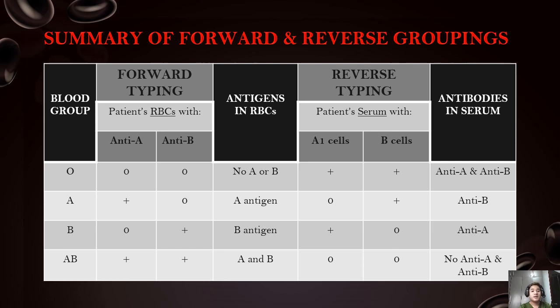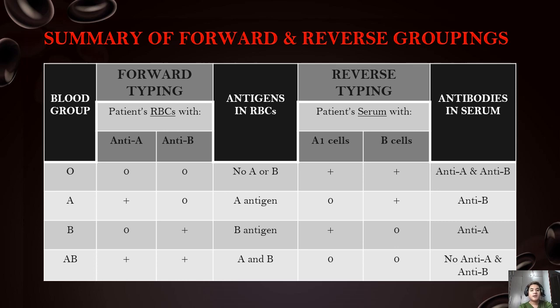To conclude the list, for a blood group AB, individuals with this blood group, their red cells agglutinate with the anti-A and anti-B in the forward grouping because they contain both A and B antigens.